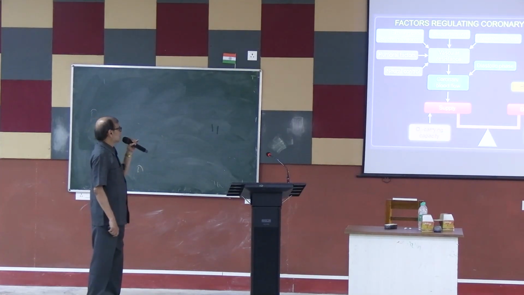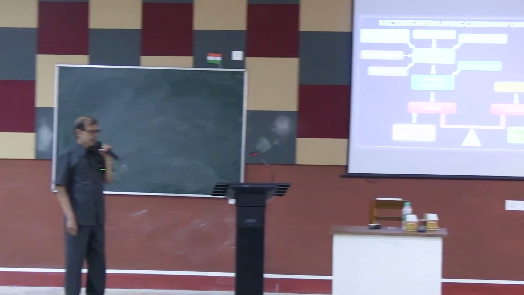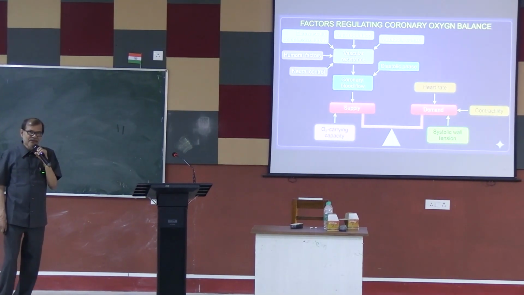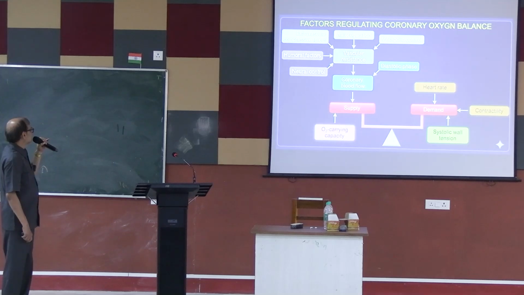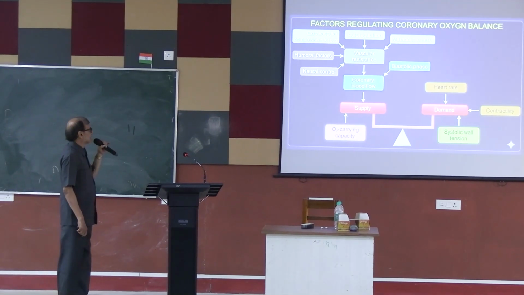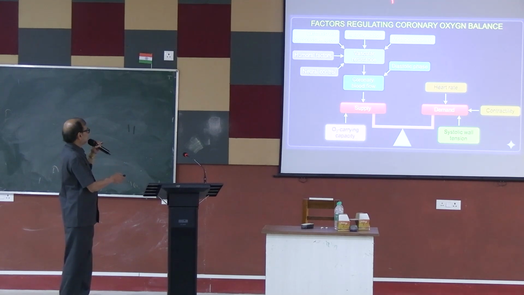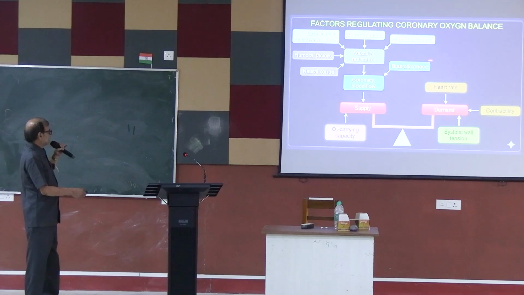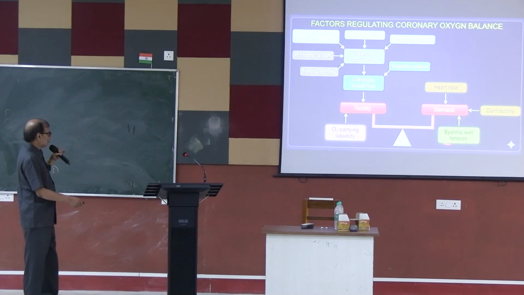Now, factors regulating coronary oxygen balance. This is a diagrammatic representation of what I have told previously. First, extravascular compressive forces, autoregulation, metabolic control, humoral factors, neural factors, diastolic phase, vascular resistance, coronary blood flow, supply, and balanced by oxygen carrying capacity, systolic wall tension.